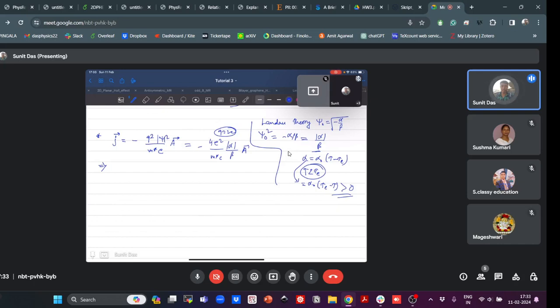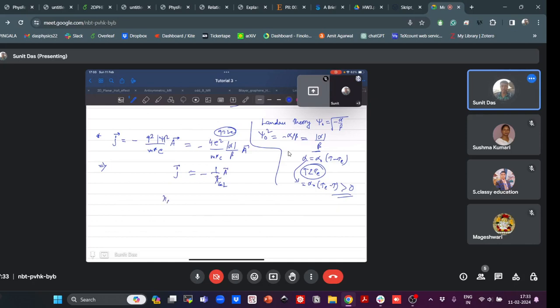So if we take curl of this equation, or before that, let me make it j equal to minus 1 by lambda Ginzburg Landau square a, right?